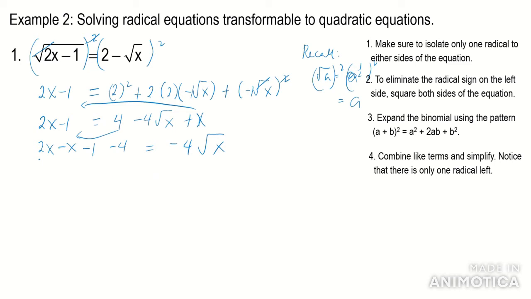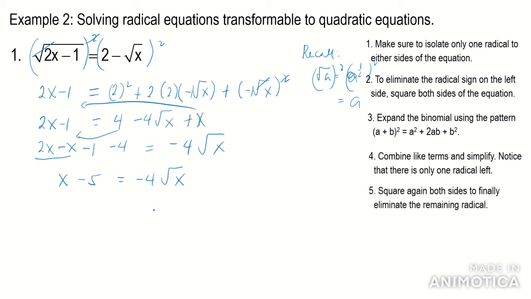So we have 2x minus x is equal to x. Negative 1 minus 4 is equal to negative 5. We have negative 4 square root of x. Next step is to square both sides again because we still have a radical here. Our goal is to come up with a quadratic equation. So dito wala pa tayong quadratic equation.